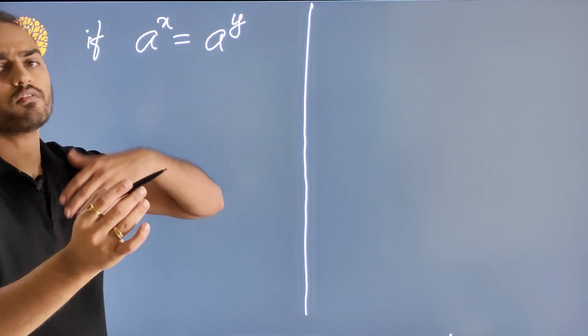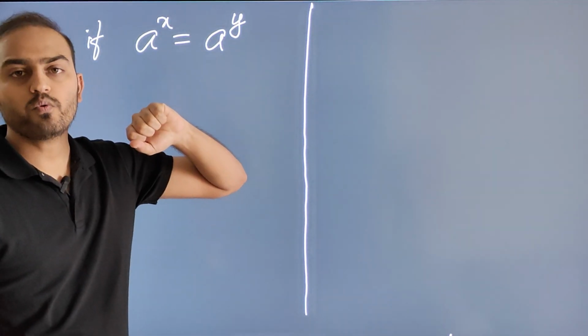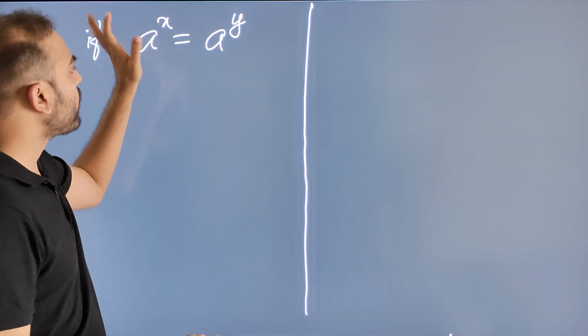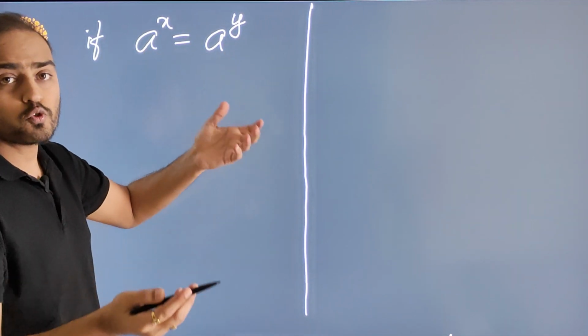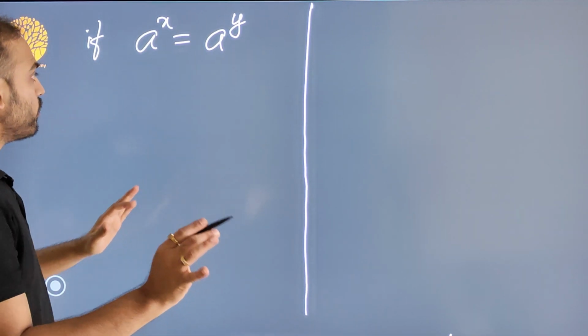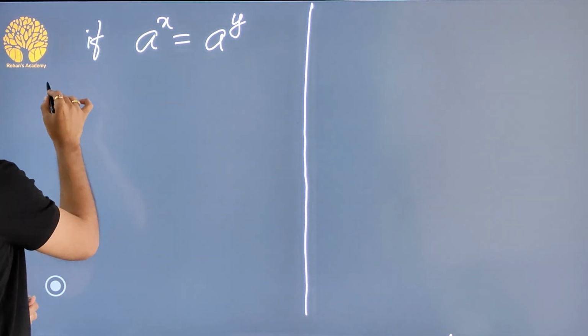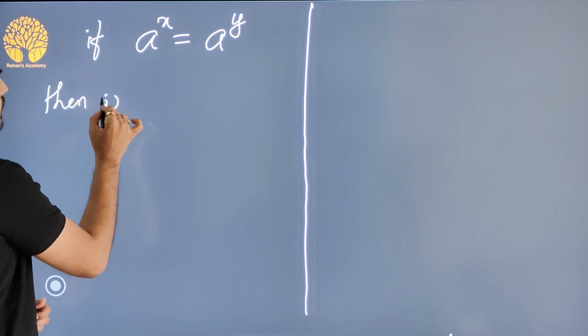Say we solve some question and we end up with a to the power x equal to a to the power y. No problem, great. But don't become super happy and say, oh, a and a cancel, or x and y are equal. Don't do that. Hold your horses.